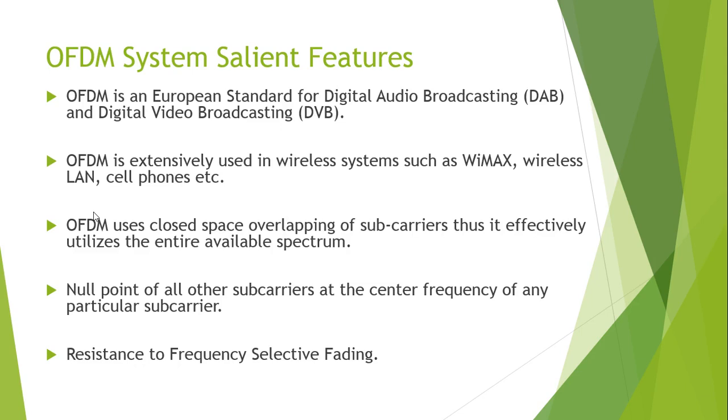We know that no channel is an ideal channel, and a signal passing through the channel goes through some fading, and this fading is very effectively handled by the OFDM system, that is, its resistance to frequency selective fading.